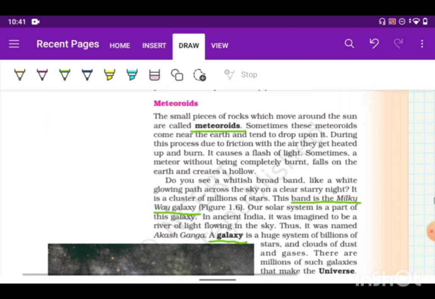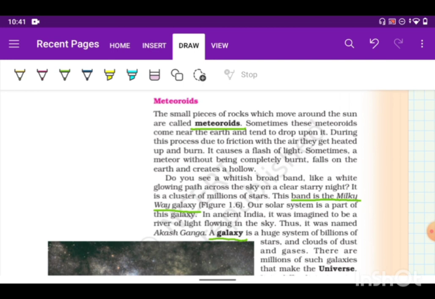So meteoroids are small pieces of rock which move around the sun. Remember, this is very, very important. Meteoroids are the small pieces of rocks which move around the sun. During the process of friction, the air gets heated and they burn up.